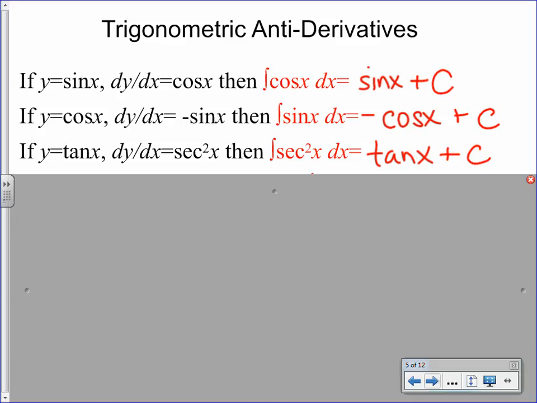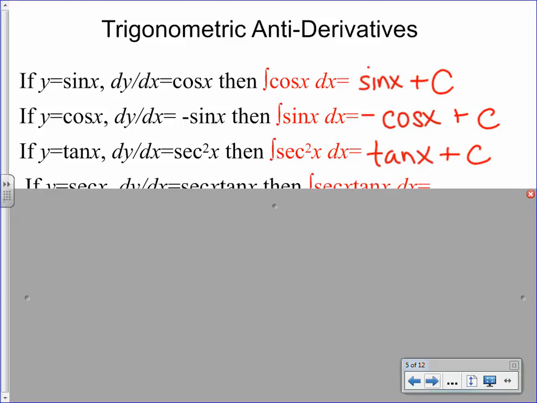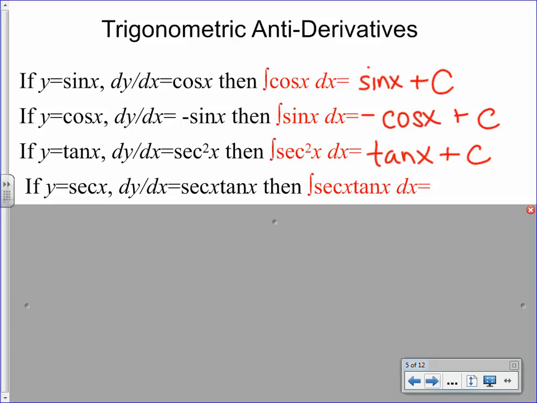What do you think is going to be next? We do secant. The derivative of secant is secant tangent. So, if we're taking the antiderivative of secant tangent, we're going to get secant of x plus c.